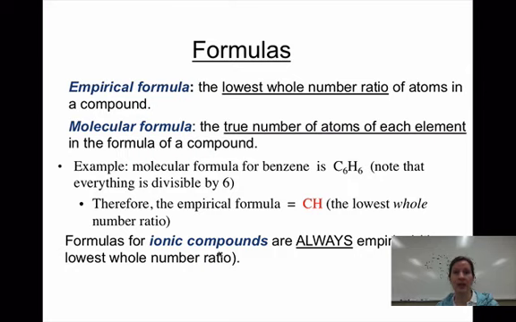If we needed to know that it was C6H6, we would need a little bit more data to deal with that. Okay, so we're going to do problems the other direction. We're going to get from percent to chemical formulas, and the chemical formulas that we produce using that method will always be empirical formulas. So they'll always be the lowest whole number ratio of the elements within the compound.